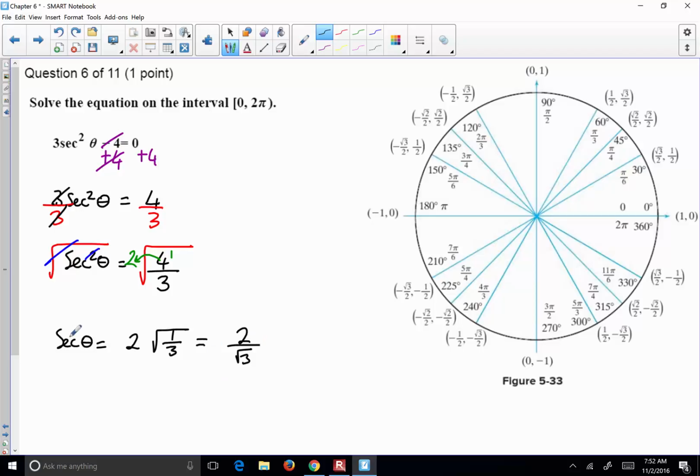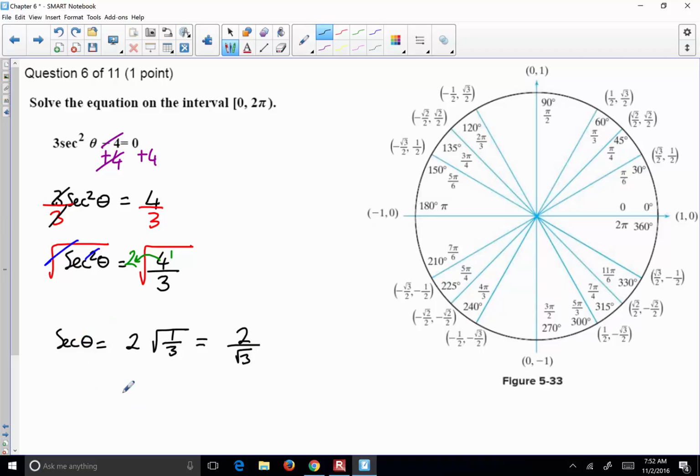Why? Because I'm not happy with secant. I'm not comfortable finding values of secant here. So whenever I see secant or cosecant, I feel like we need to flip them. If we flip them, we will no longer have that root in the denominator. That's why I stopped rationalizing, because I'm going to flip secant.